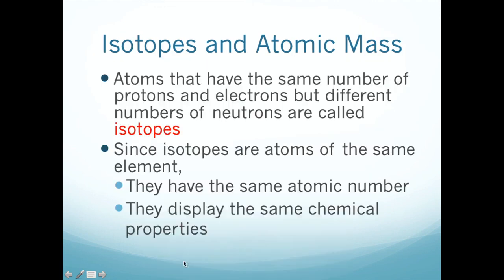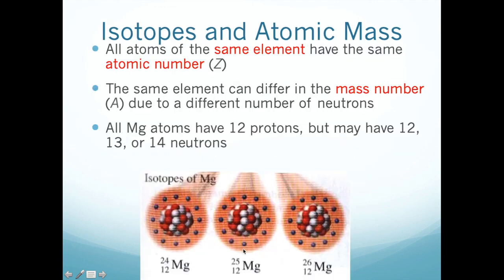Even though these 3 atoms have 3 different mass numbers, they're still all magnesium because they all have 12 protons. That's what makes them magnesium, even though they don't weigh exactly the same. All right, so that's where isotopes come in. Isotopes are atoms of the same element that have different mass numbers because they have different numbers of neutrons.